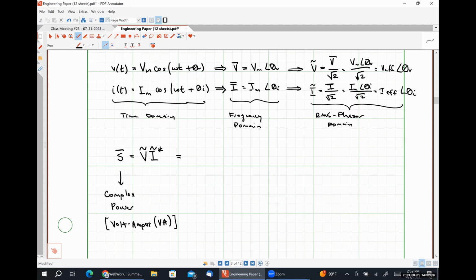Since this is a complex number, we can represent it in rectangular form or polar form. So we're going to start with our rectangular form, okay? So the rectangular form is going to be the real part.